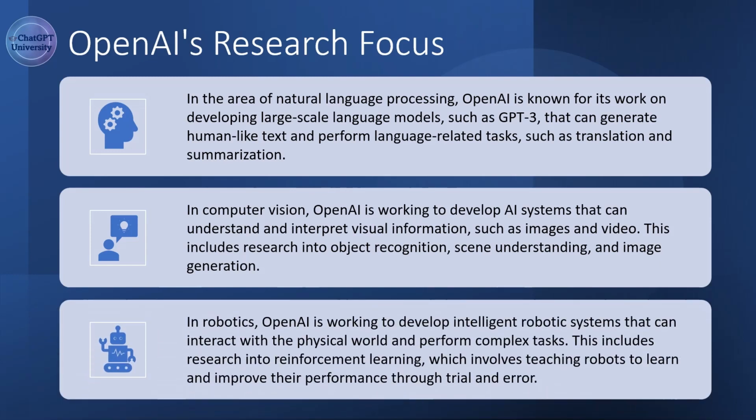Number 3, in robotics, OpenAI is working to develop intelligent robotic systems that can interact with the physical world and perform complex tasks. This includes research into reinforcement learning, which involves teaching robots to learn and improve their performance through trial and error.